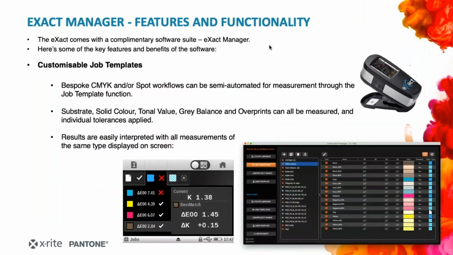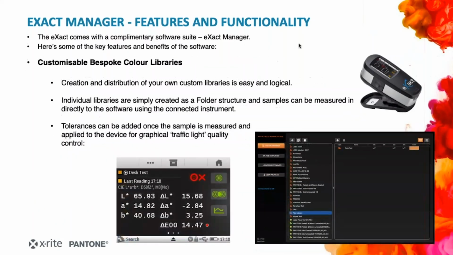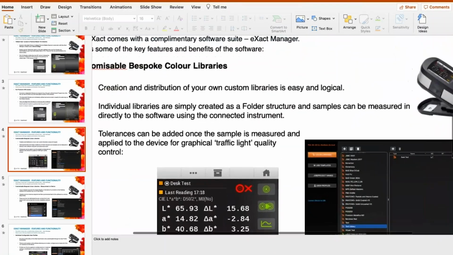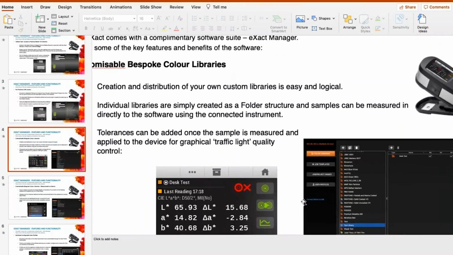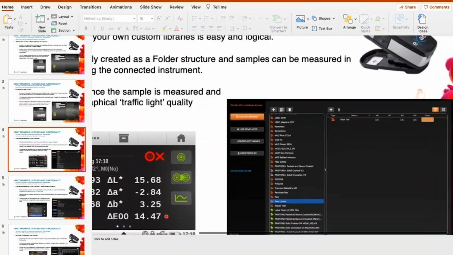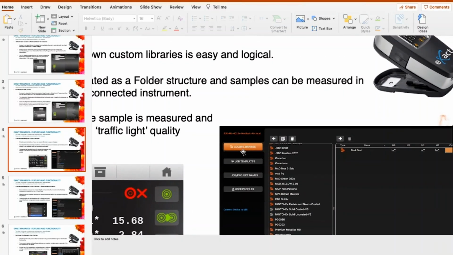Okay. So custom libraries are fairly straightforward. Let me see if I can increase the size of this. A little bit difficult to see, I know. Okay, so hopefully you'll be able to see that a little bit more clearly.